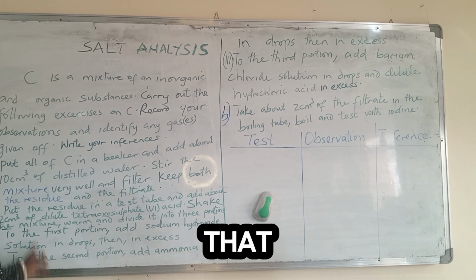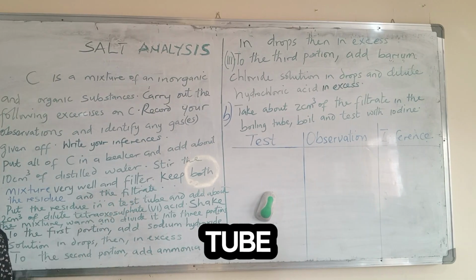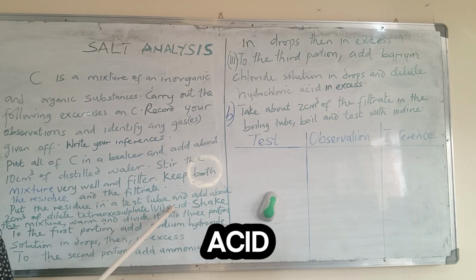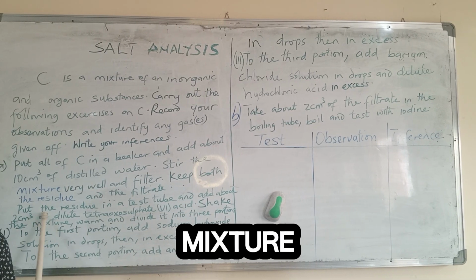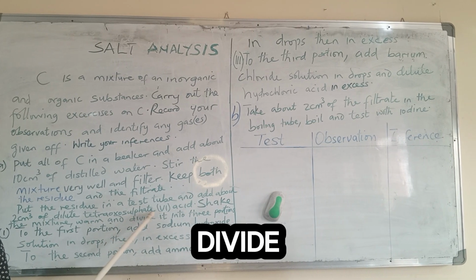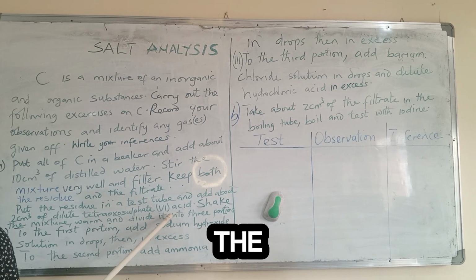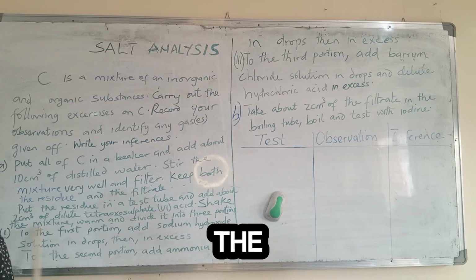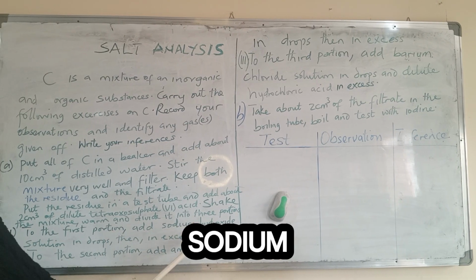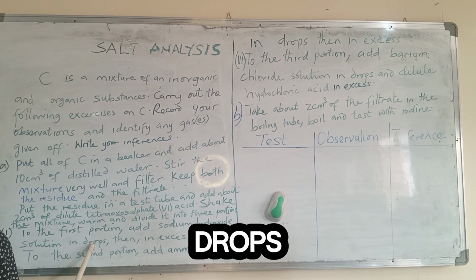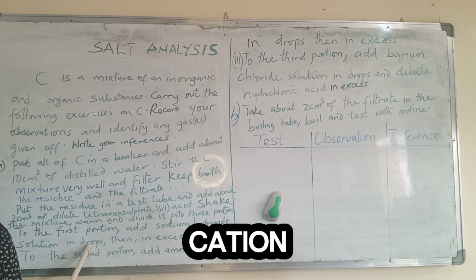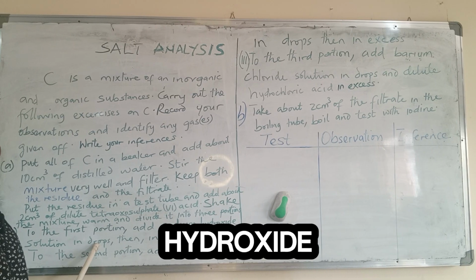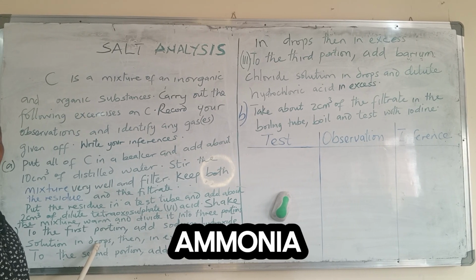Having obtained that, you put the residue in a test tube and add about 2 cm³ of dilute tetraoxosulfate(VI) acid. Shake the mixture, warm, and divide it into 3 portions. To the first portion, add sodium hydroxide solution in drops. Like I told you, it's cations we want to identify now. You use sodium hydroxide solution and ammonia solution.